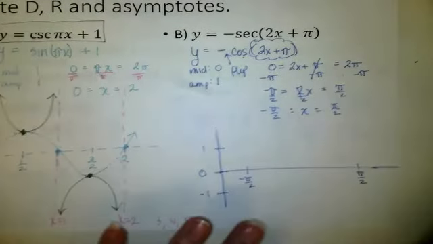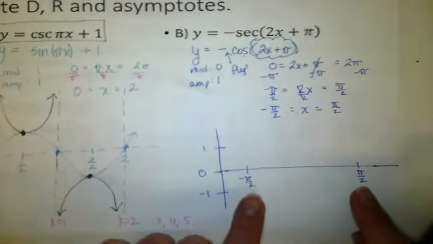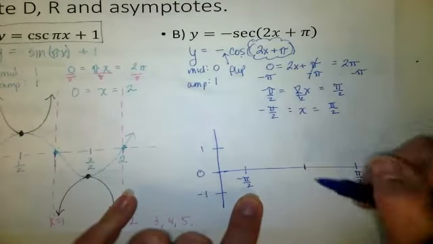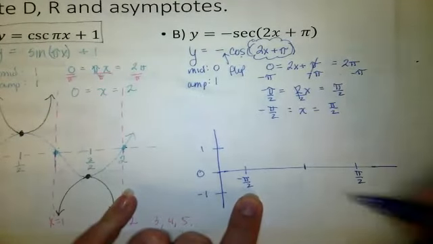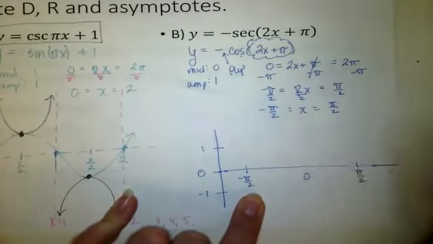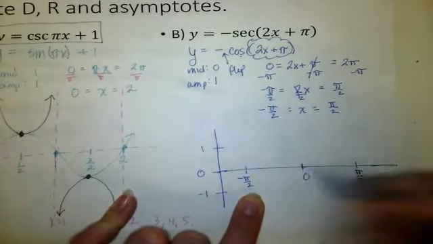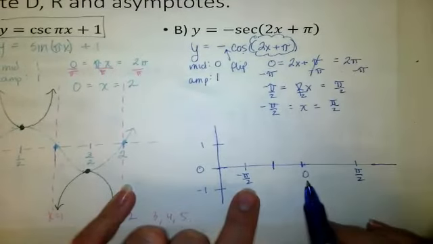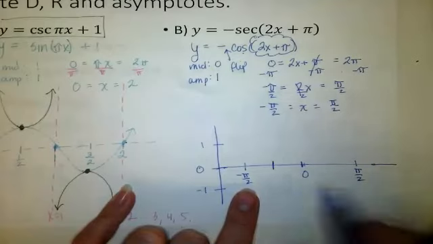What is halfway between negative pi over 2 and pi over 2? 0.